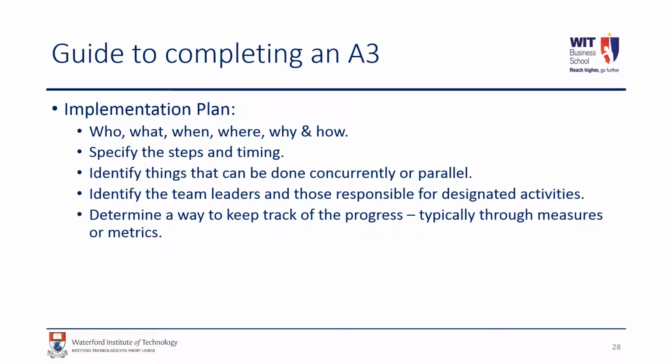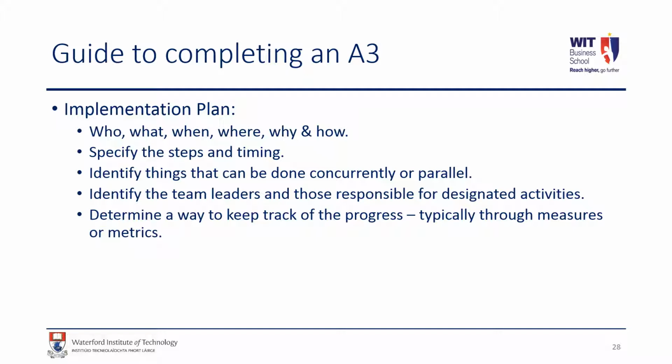So you're specifying the steps and the timing, identifying things that can be done concurrently or in parallel, identifying the team leaders and who's responsible for each of these tasks, and also having some sort of metric or way of keeping track of the progress.